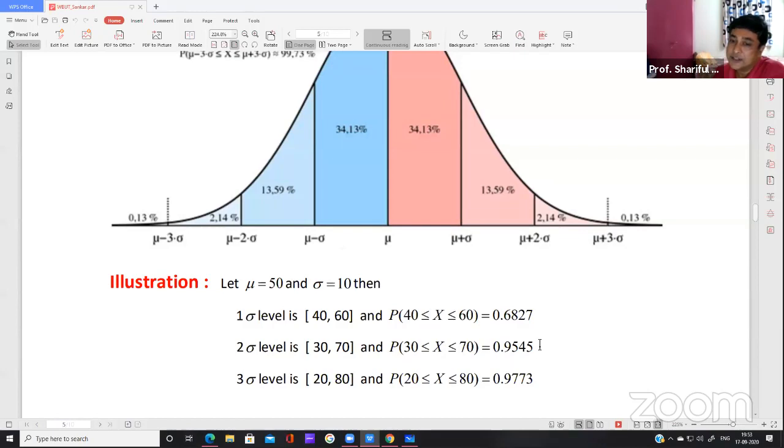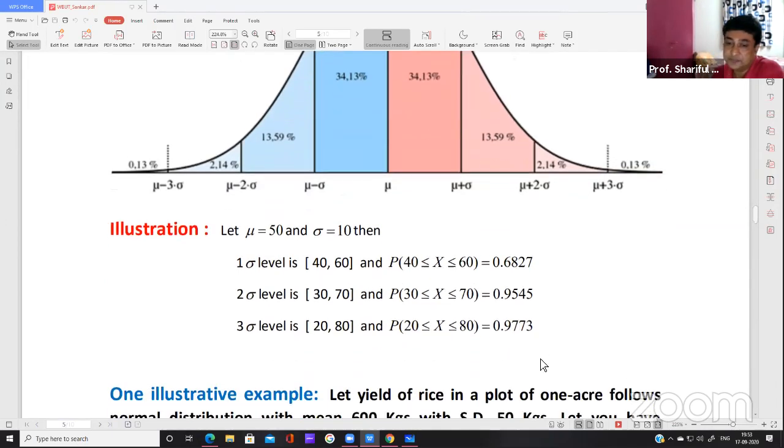So within this range, that chance is 95.45%. Okay, and the 3 sigma level, what is the 3 sigma level here? It will obviously be 20 to 80, and that chance is 99.73%. Sorry, this is a printing mistake. This is 99.73%.